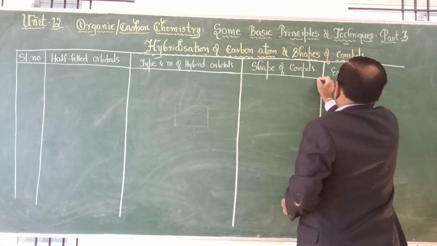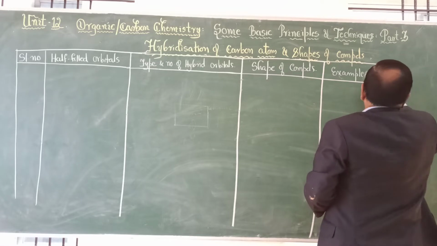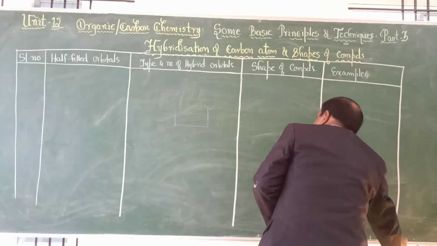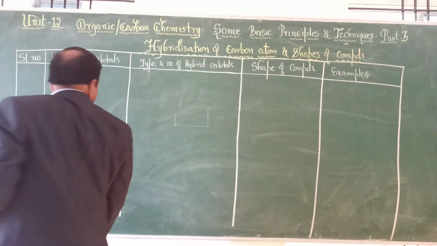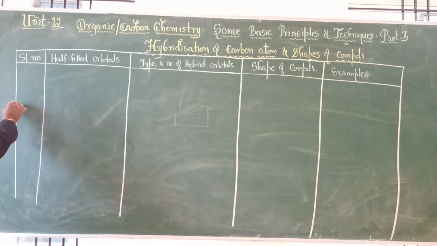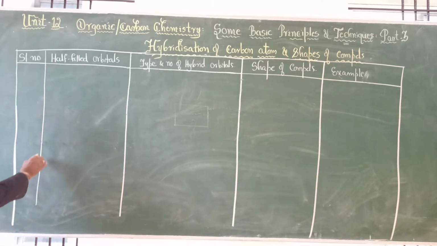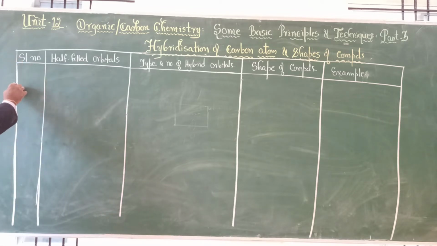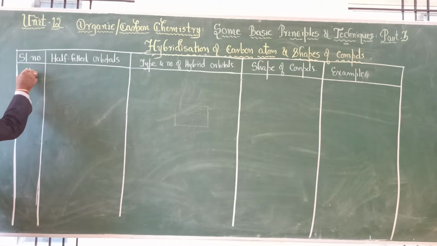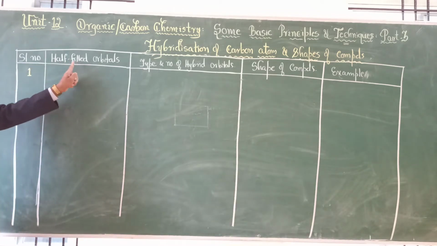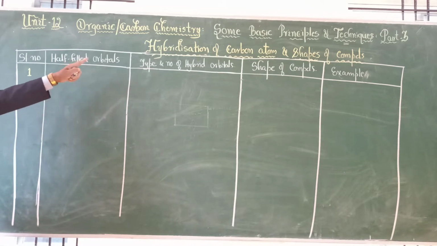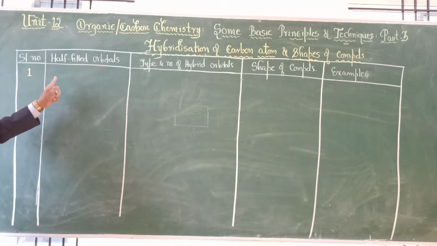Okay? For the time being we can take only one example. So this is what we are going to study in detail. Okay? So first one, serial number 1. Suppose, imagine how many half-filled orbitals are there for carbon? 4.